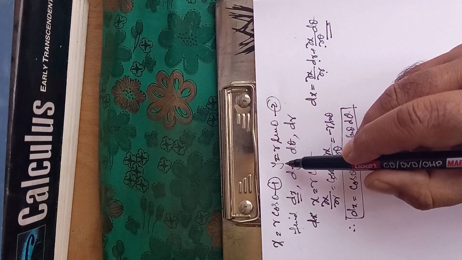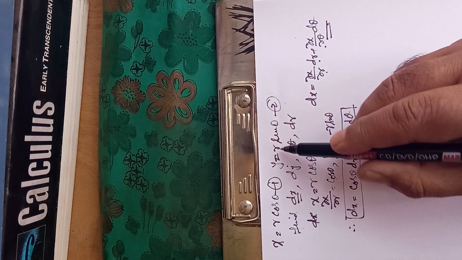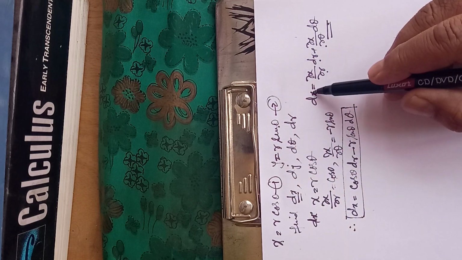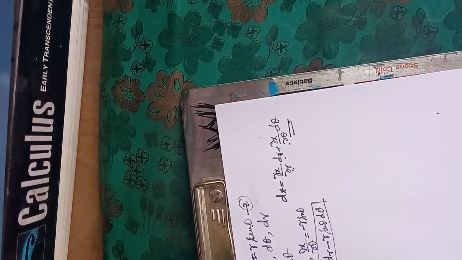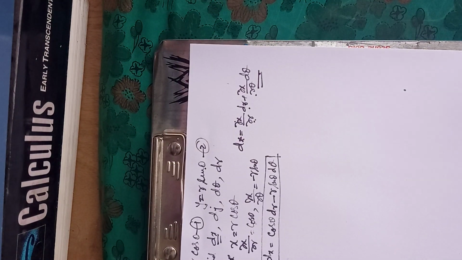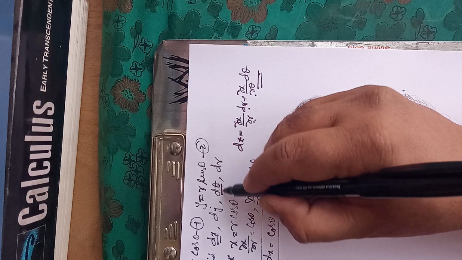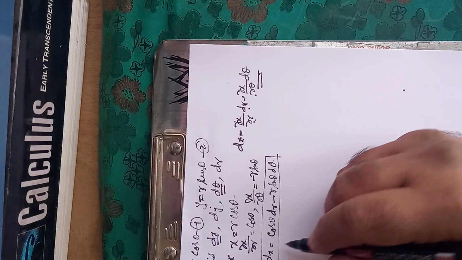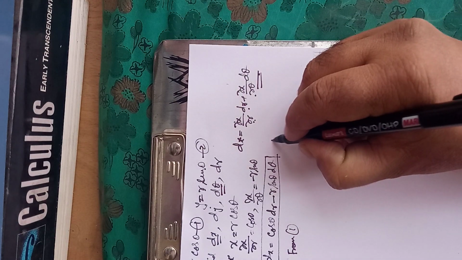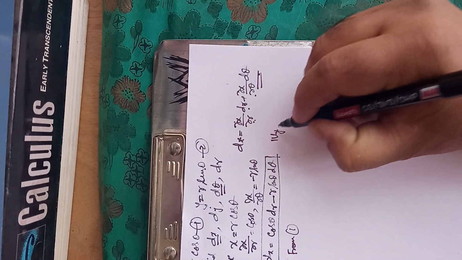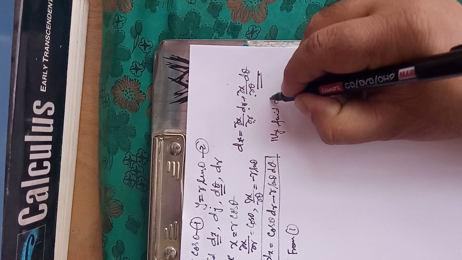Similarly, you can find dy. Y is again a function of r and theta, so dy will be del y by del r dr plus del y by del theta d theta. Okay. Now comes theta. You have from 1 and 2, similarly, find dy.